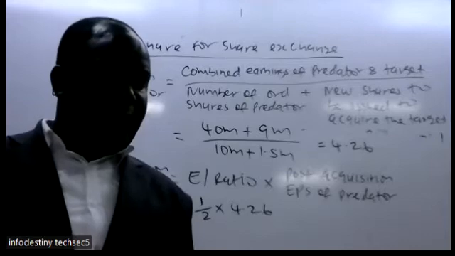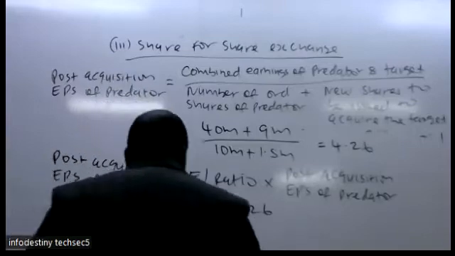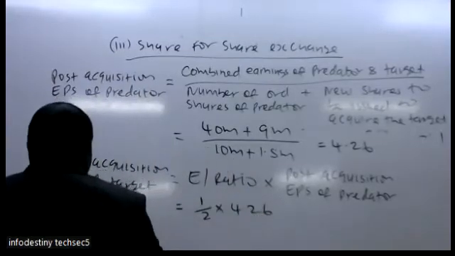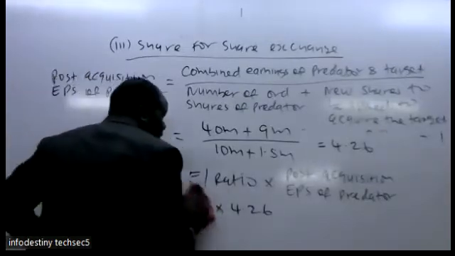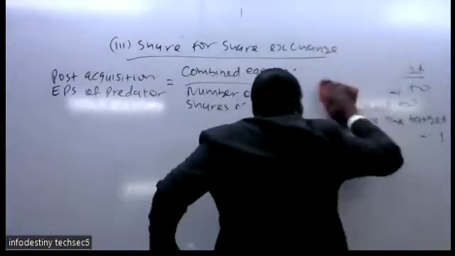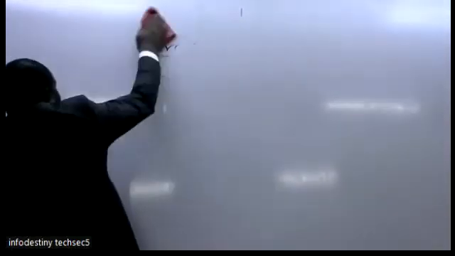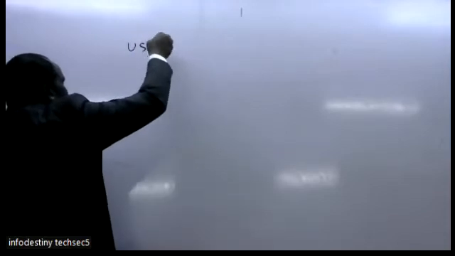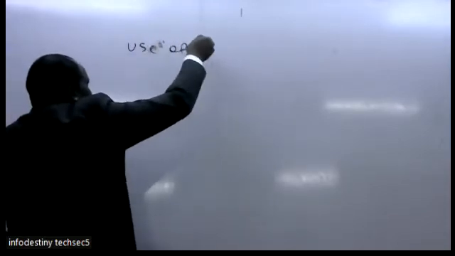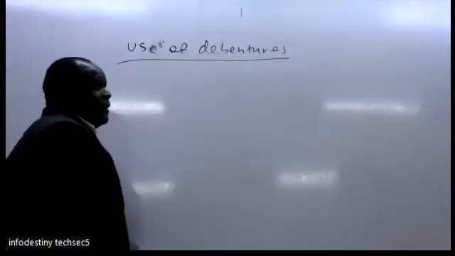So Roman letter 4 is about the use of debentures to finance the acquisition, in order to acquire the target.